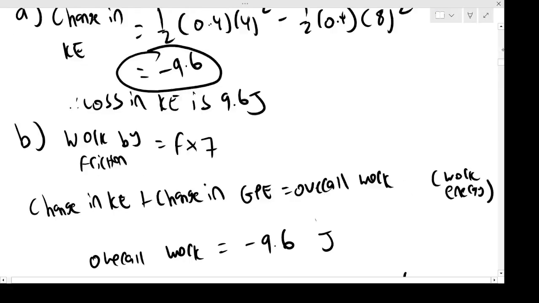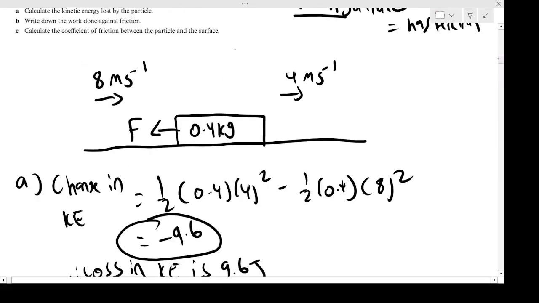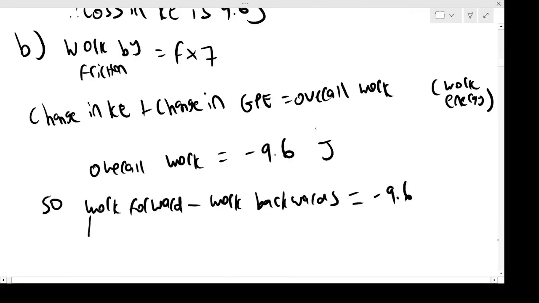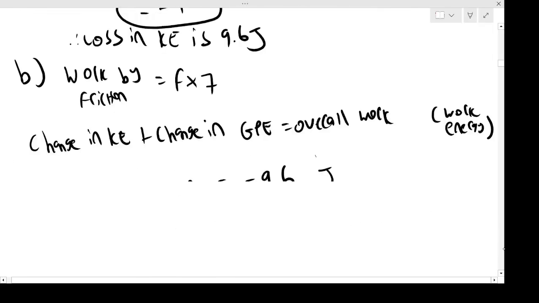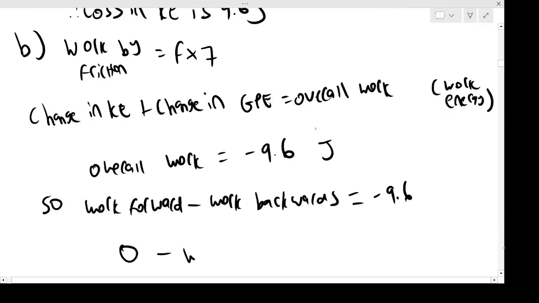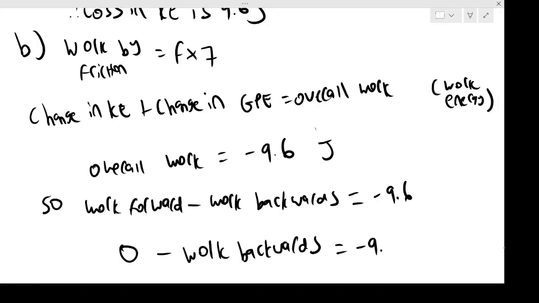Now, are there any forward forces? There's no force going forwards. So that's 0. If there's no forwards force, then the work forwards has to be 0 because there's no forward force in order to do work. But the backward force is our friction. So 0 take away the work backwards is indeed minus 9.6.